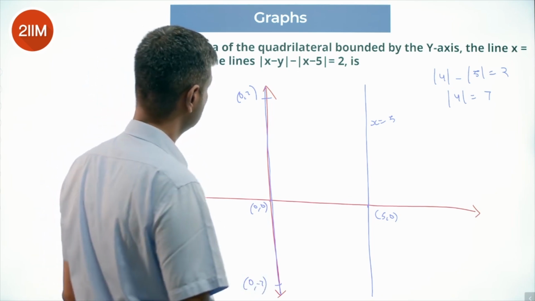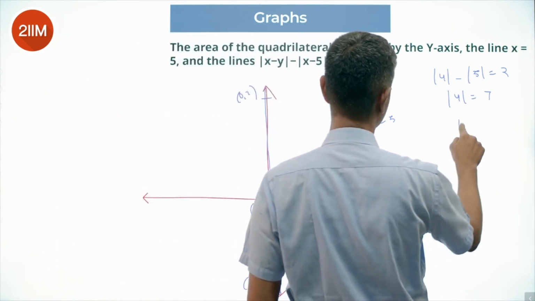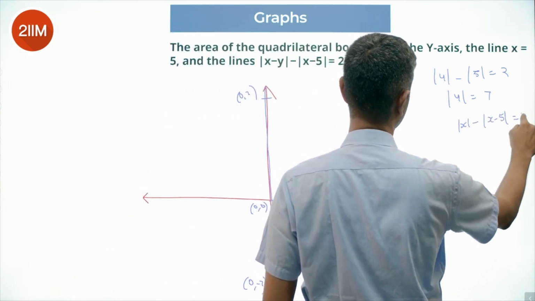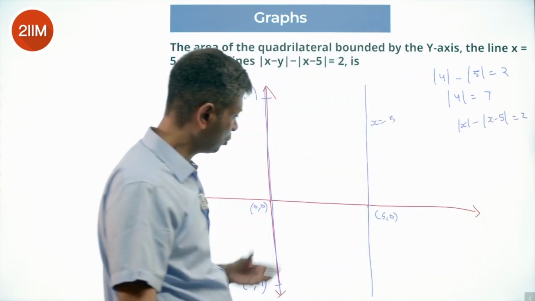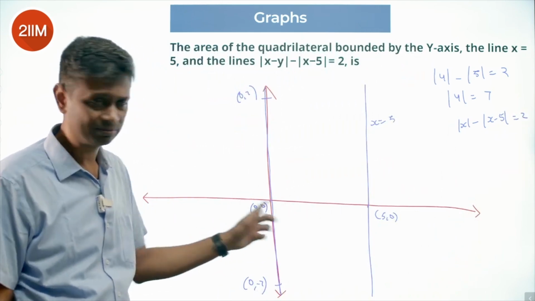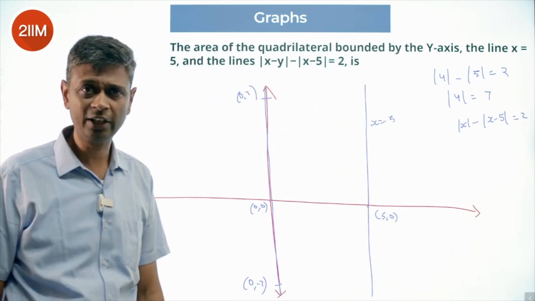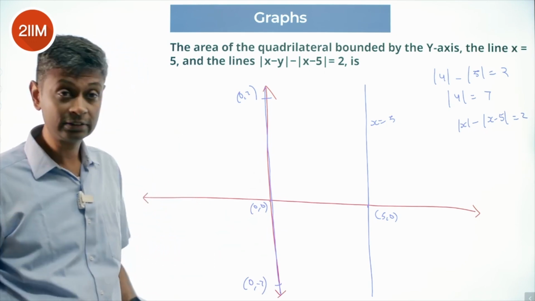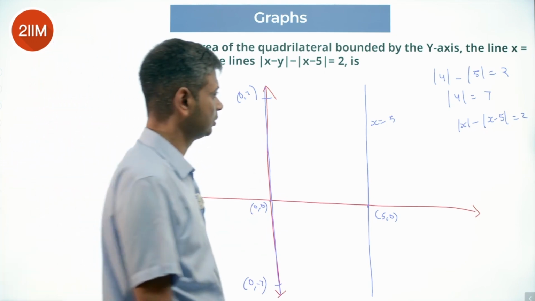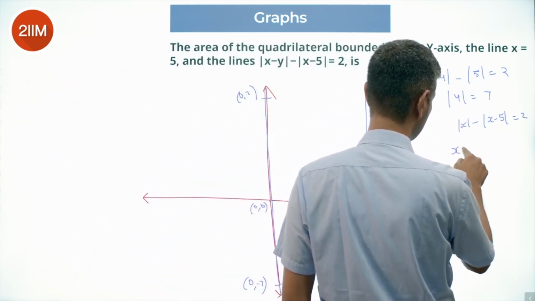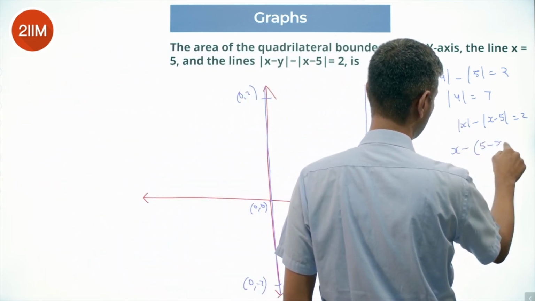Put y equal to 0. We have mod x minus modulus of x minus 5 equal to 2. We're talking about this range, x between 0 and 5, that's all we're thinking about. X is between 0 and 5, mod x is x, modulus of x minus 5 is 5 minus x. So mod x is x, minus of 5 minus x is 2.